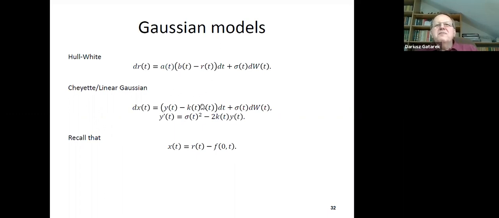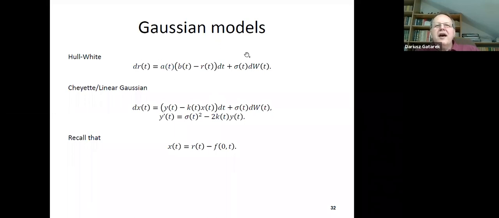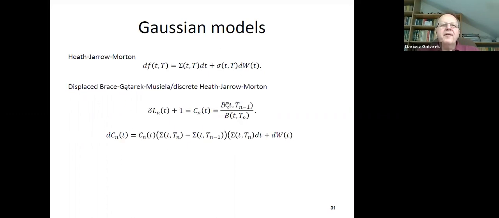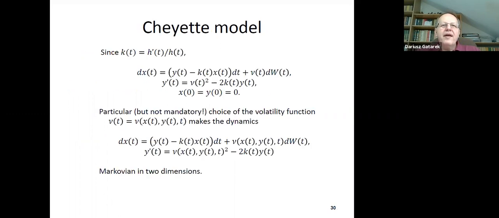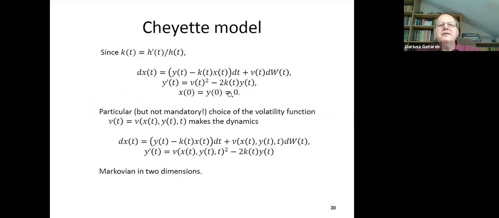So it's practically the same model, with a slight difference. For the Hull-White model, we've got complex formulae for zero coupon bond prices. And for Cheyette, we've got this formula, which is much easier.